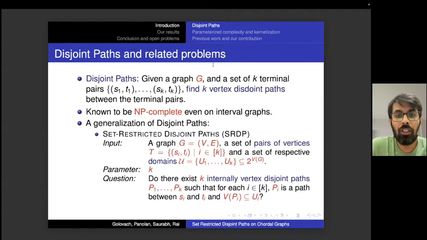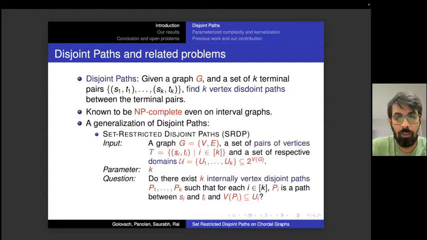In addition to the graph G and the terminal pairs S1, T1 to Sk, Tk, we are also given k domains, from where the vertices of the individual paths can come. So what we want is to find k vertex disjoint paths, P1 to Pk.